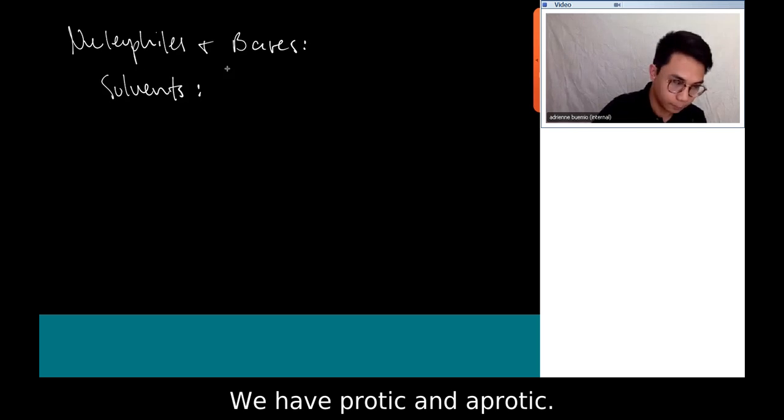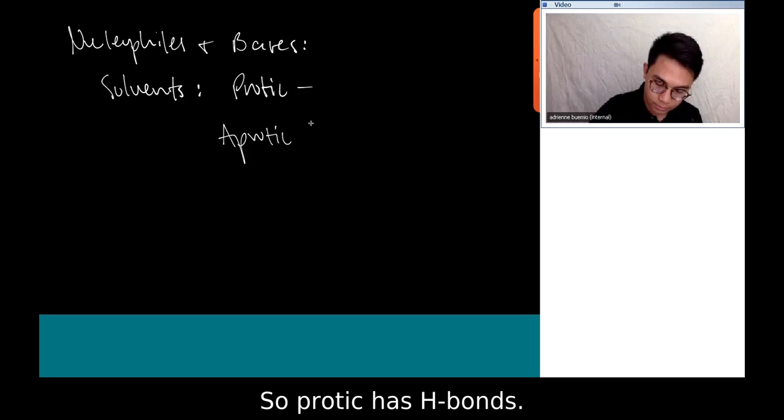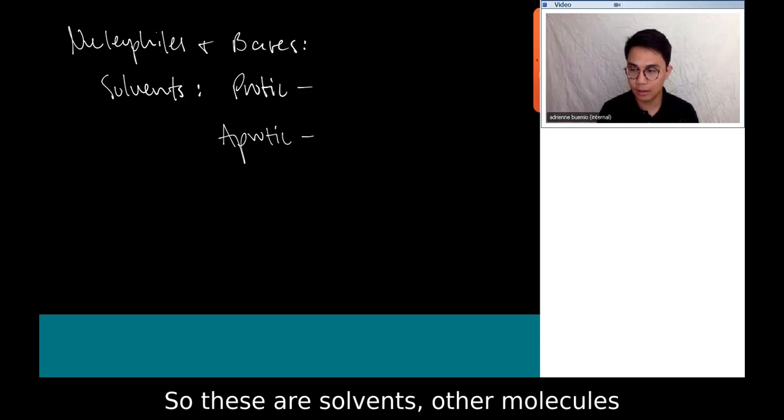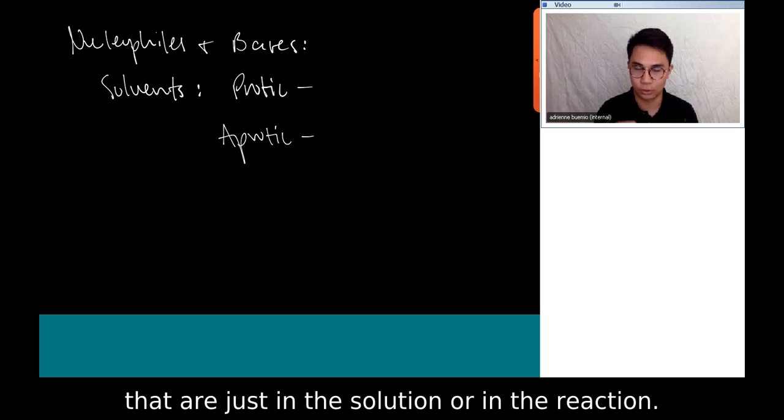We have protic and aprotic. So protic is going to be, you know, it has H bonds. So these are solvents, other molecules that are just in the solution or in the reaction.